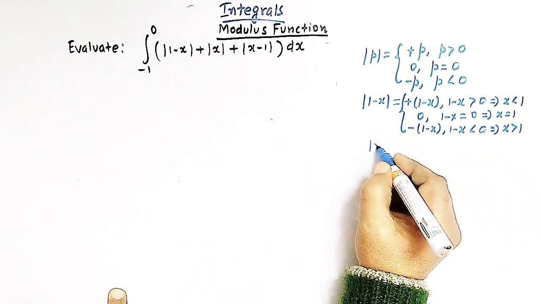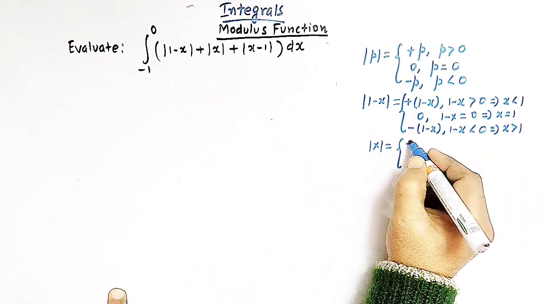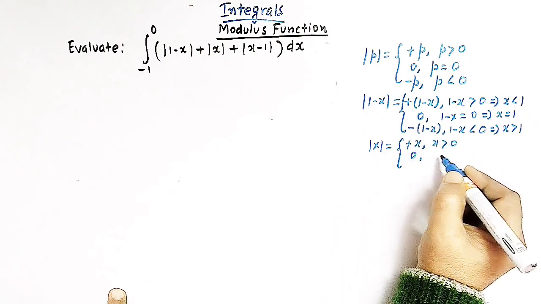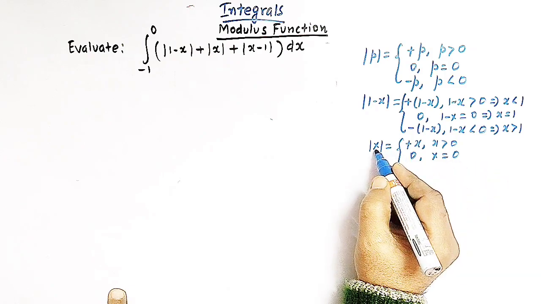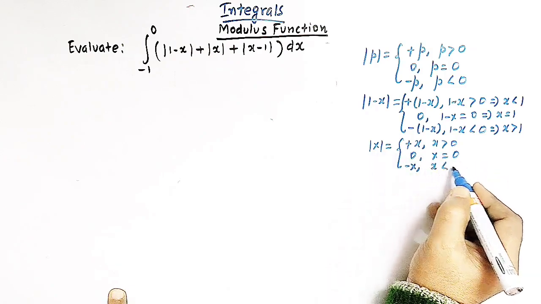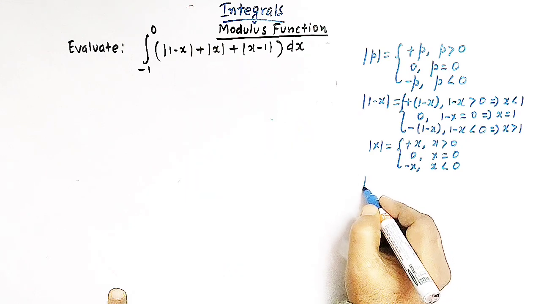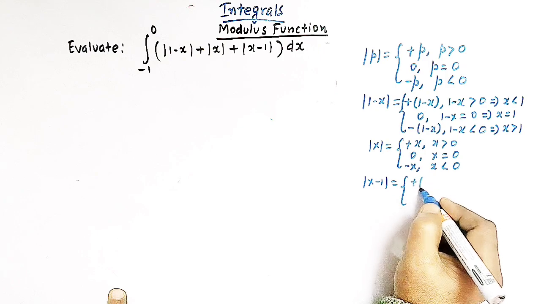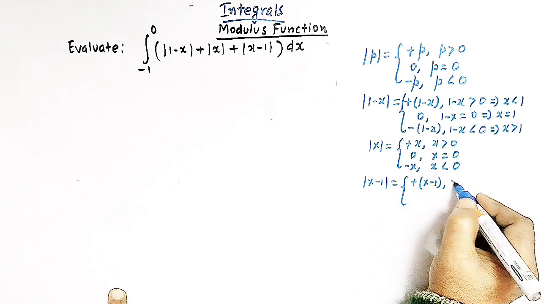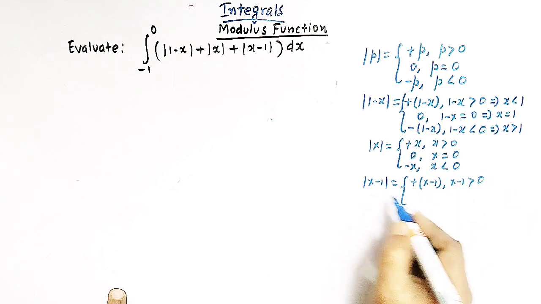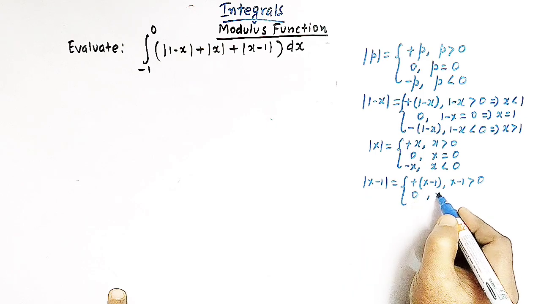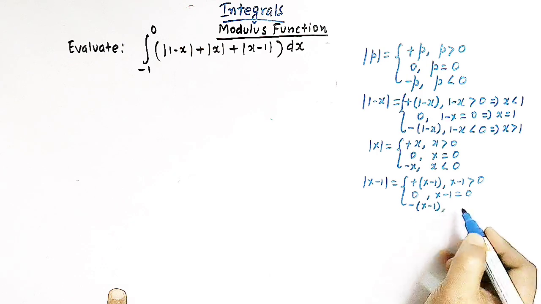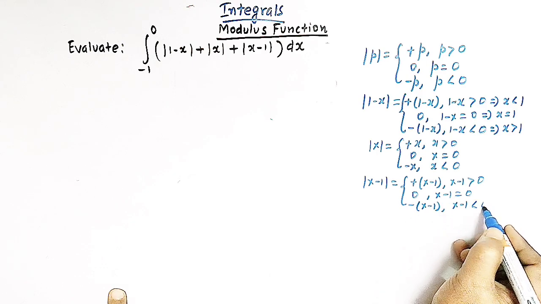Okay, now a mod of x can be defined as positive x whenever x is greater than 0. Mod of x is 0 whenever x is equal to 0, and this is negative x whenever x is less than 0. And similarly we can write mod of x minus 1, that is positive x minus 1 whenever x minus 1 is greater than 0, and this is 0 whenever x minus 1 is equal to 0, and negative of x minus 1 whenever x minus 1 is less than 0.